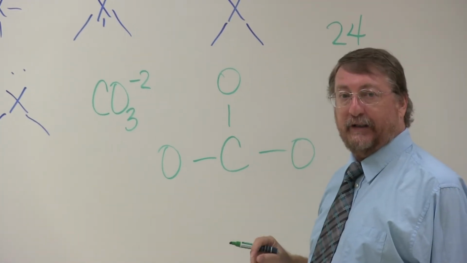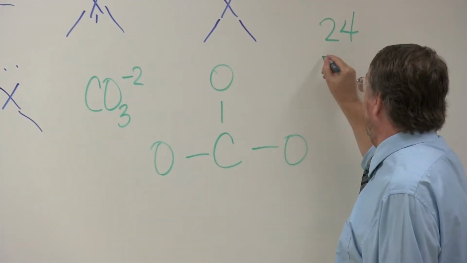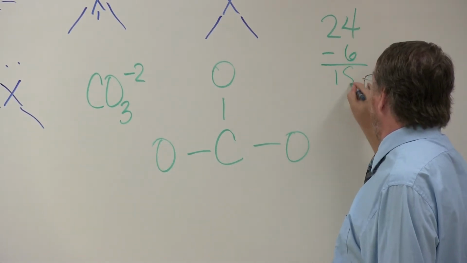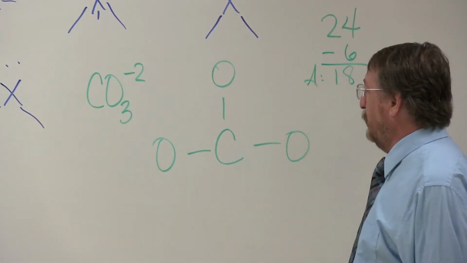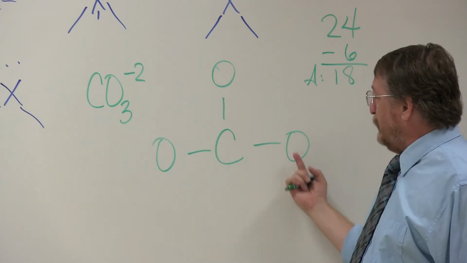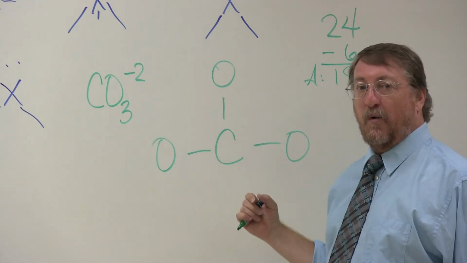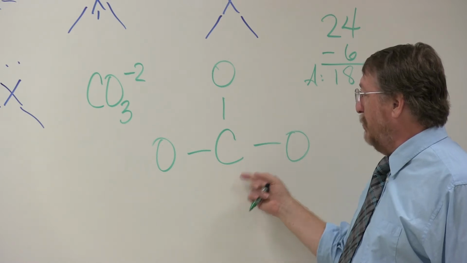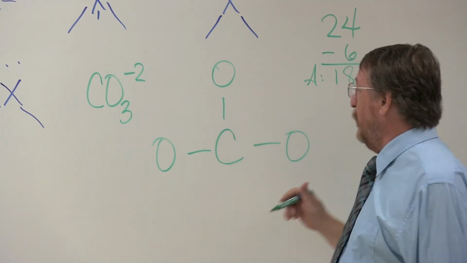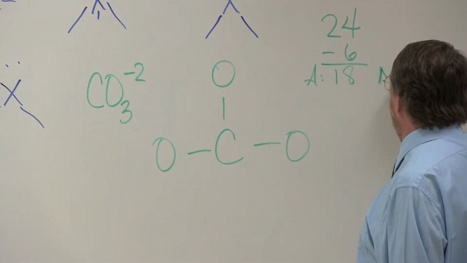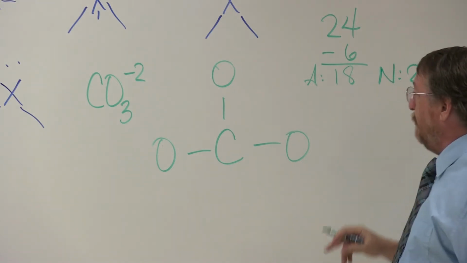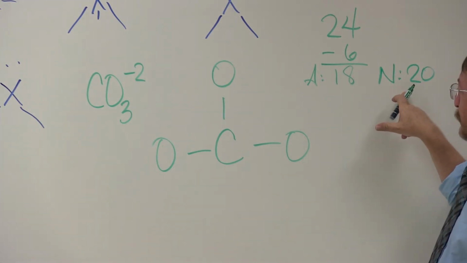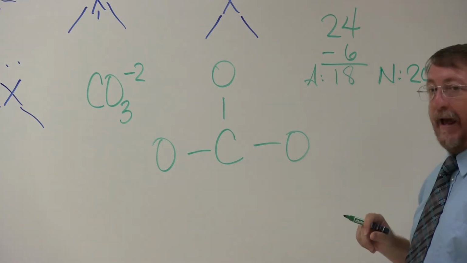I've already drawn 6. So 24 minus 6 is 18. So 18 available to complete the octets. Each oxygen needs 6 more to have an octet, because it already has 2. But carbon needs 2 more. 18 plus 2 is 20. So I need 20. Okay? If our need is not equal to our available, or the need is greater, we're going to add a bond.